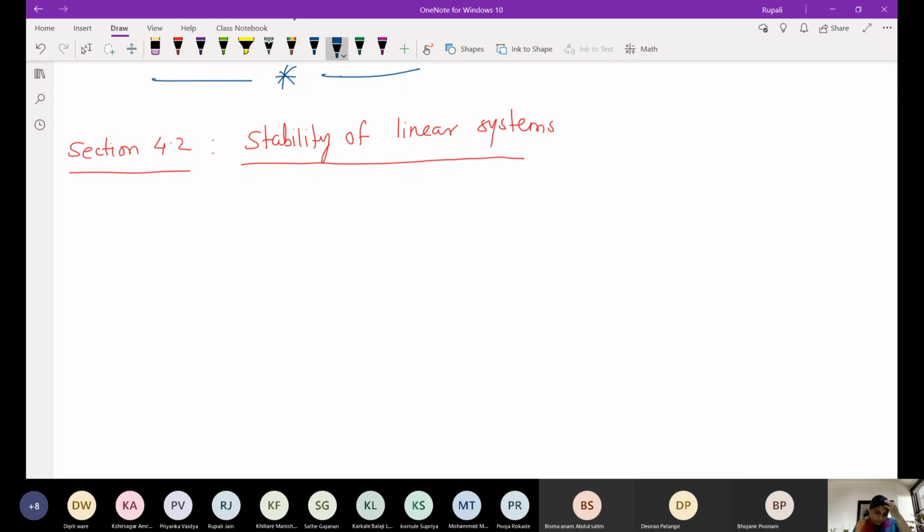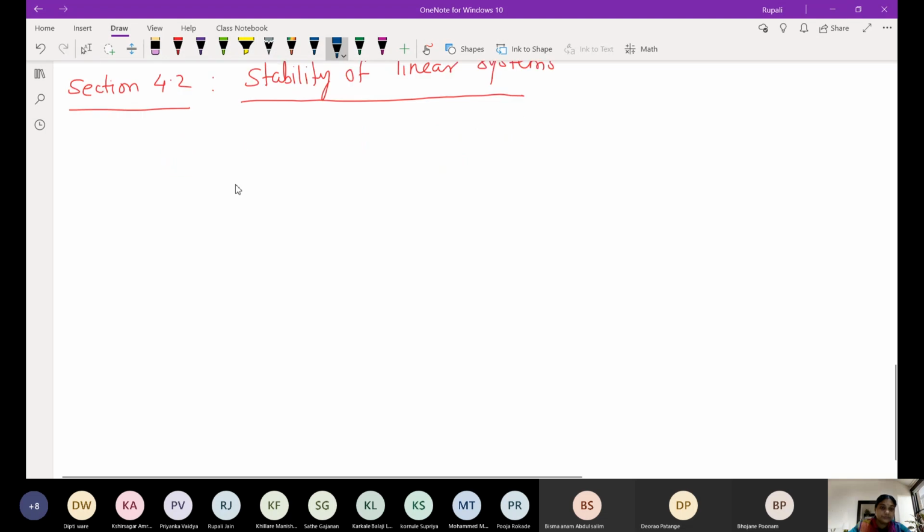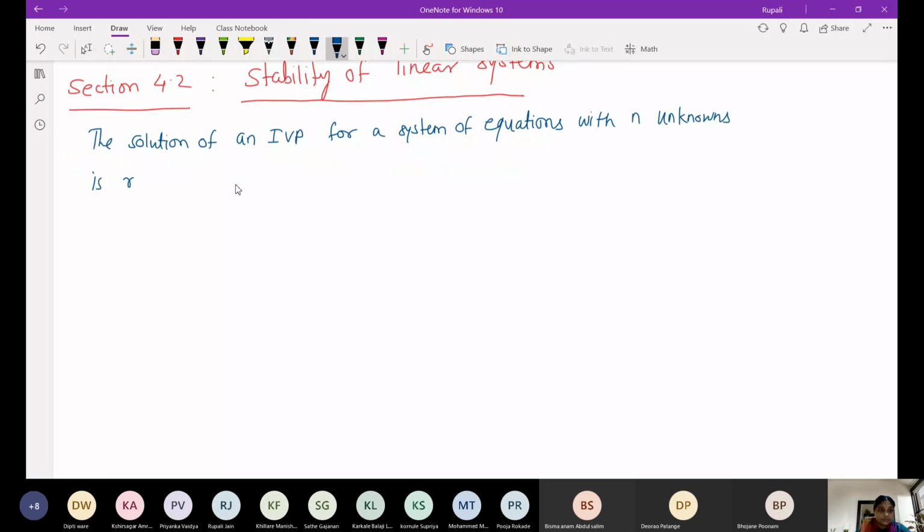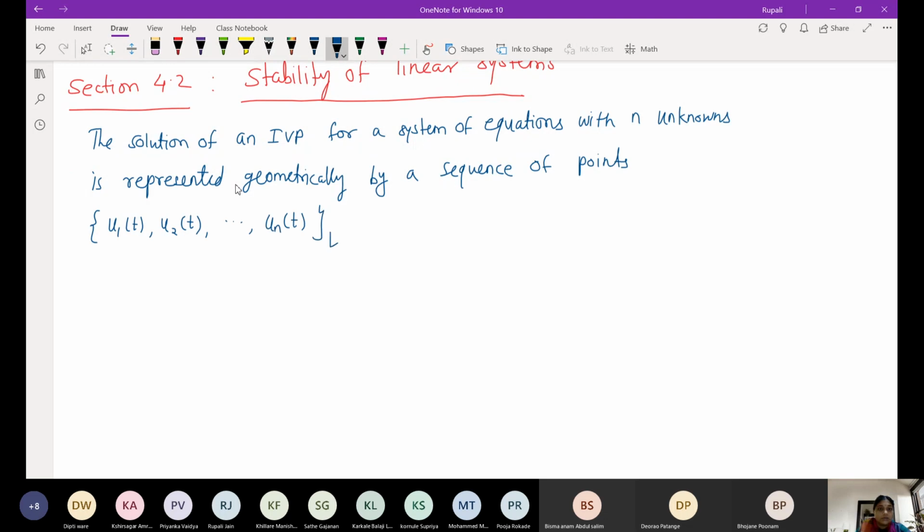So we can write that the solution of an initial value problem for a system of n equations in n unknowns is represented geometrically by a sequence of points u1t, u2t, unt, with t running from 0 to infinity.